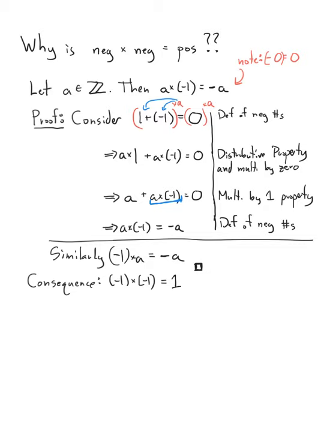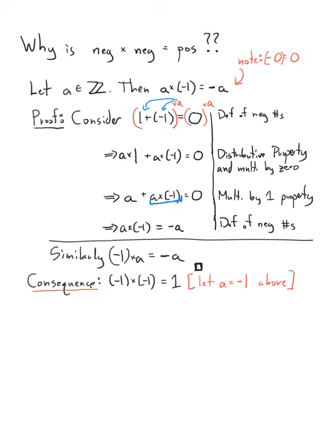So -1 times -1 is +1. And that's just the way we show that, is we're just letting a be -1 above. So it's an example of this general result here, which is really cool, but it's a very useful example of this general result, because now we can do things like this.